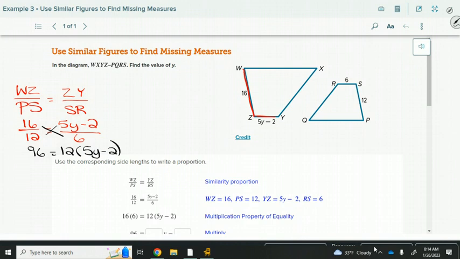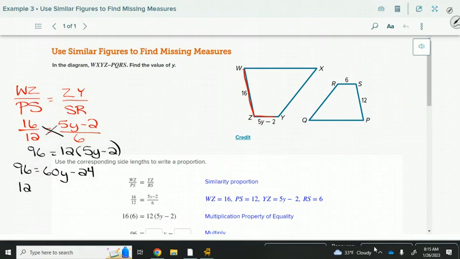Here's where people kind of make a mistake on this one. You've got to multiply 12 times all of this. That's why I wrote it like this, because we have to distribute that 12 through, or else we're going to get the wrong answer. So I'm going to have 96 equals, when I distribute the 12 through, 60y minus 24.